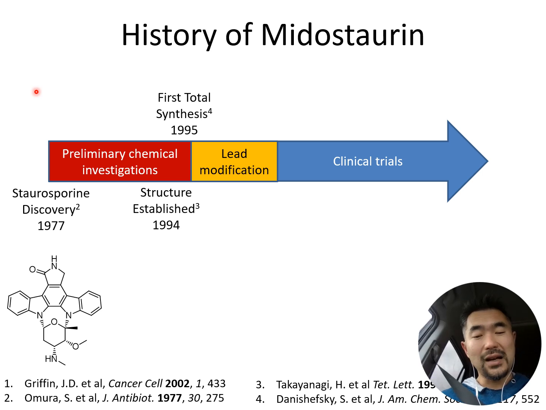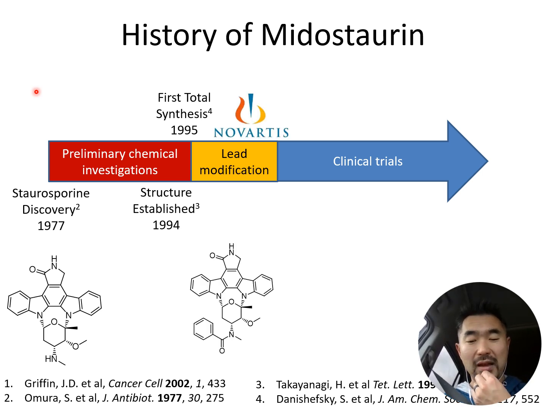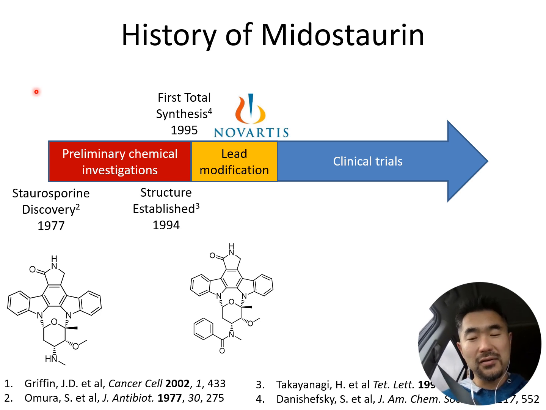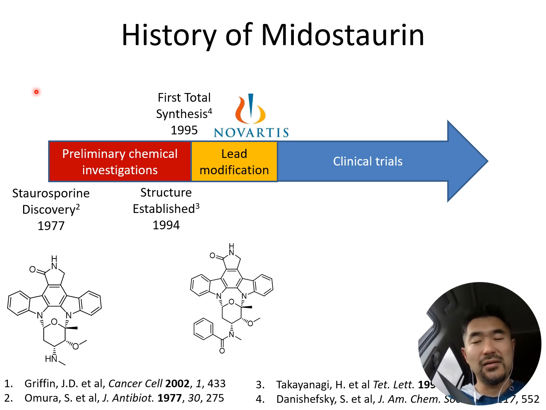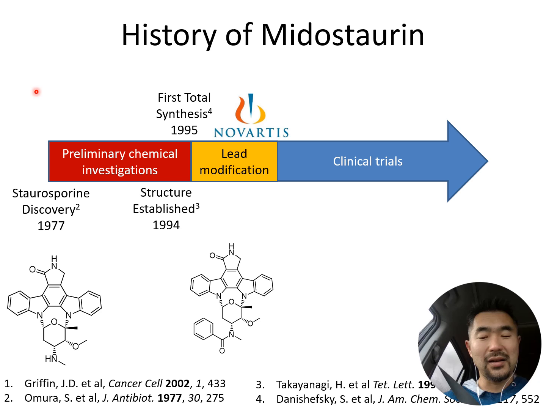And then that's when Novartis, a fairly major pharmaceutical company, took over the development. Usually at this stage of drug development, big pharma companies have to get involved, because there's usually not enough funding with just academic research grants and whatnot.